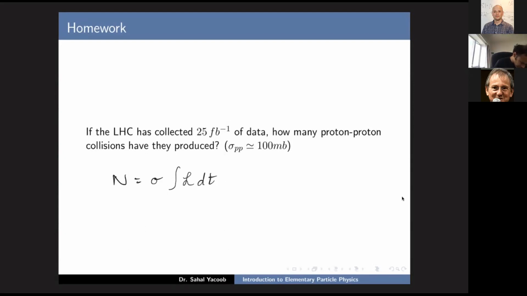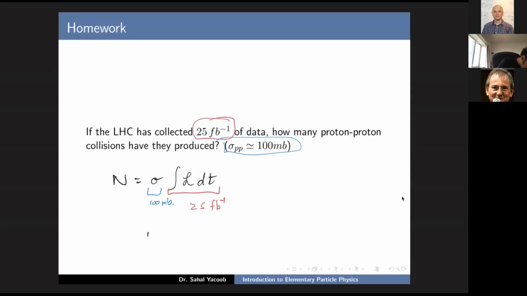What we're being told already is that this is 25 inverse femtobarns, and the cross-section is 100 millibarns. And we just have to multiply them together. Honestly, it shouldn't be hard, but to be perfectly honest, this -1 up here on the inverse femtobarns is something that took me ages to sort out.